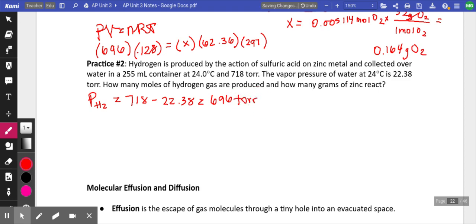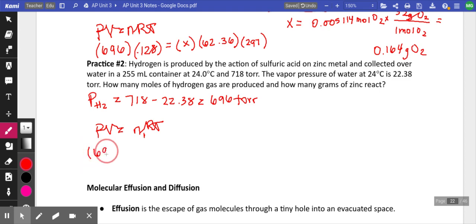Okay, so now that I have my partial pressure of this hydrogen gas, I'm again going to plug it into my PV equals nRT equation, that ideal gas law equation. I'm looking at this just for hydrogen.